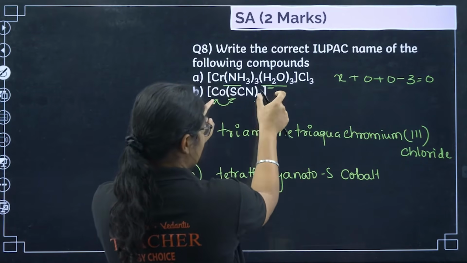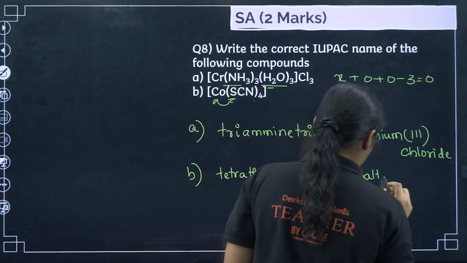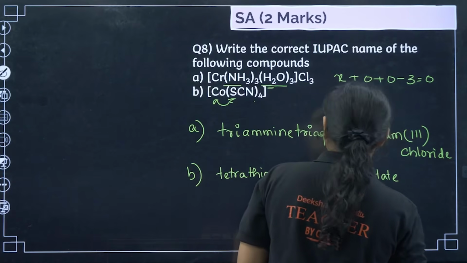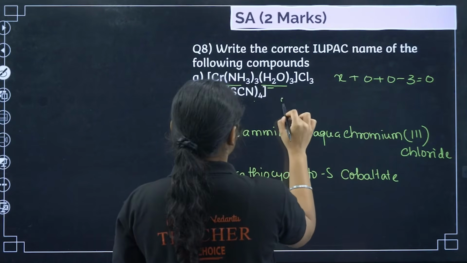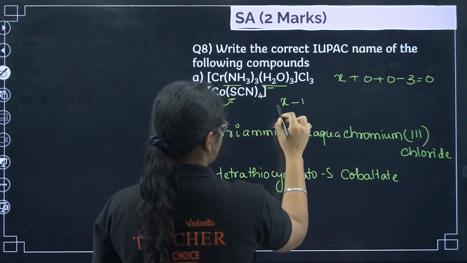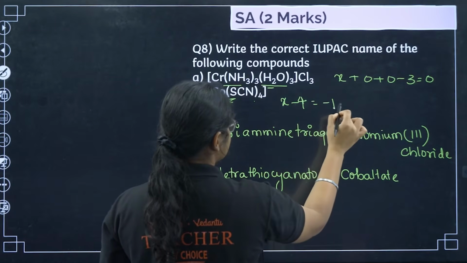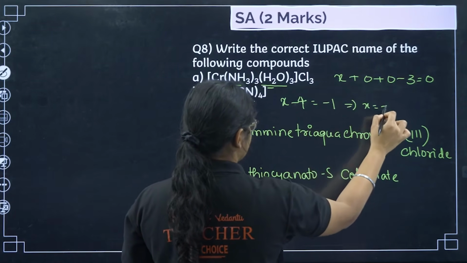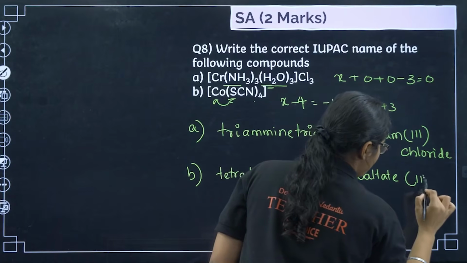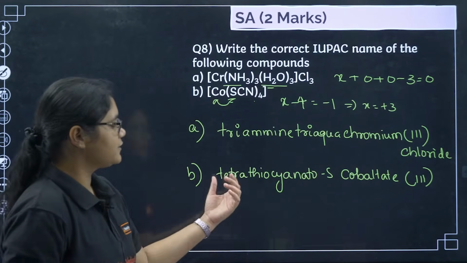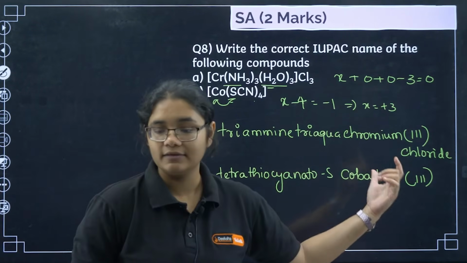Since it is a negative ion, this will be cobaltate. Now if you see X and SCN is minus 1, so X minus 4 is equal to minus 1, that gives me X is equal to plus 3.